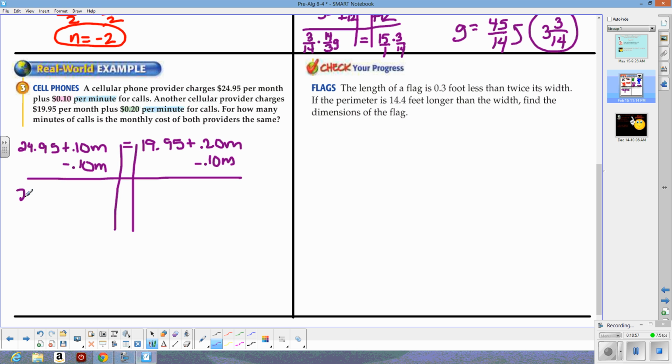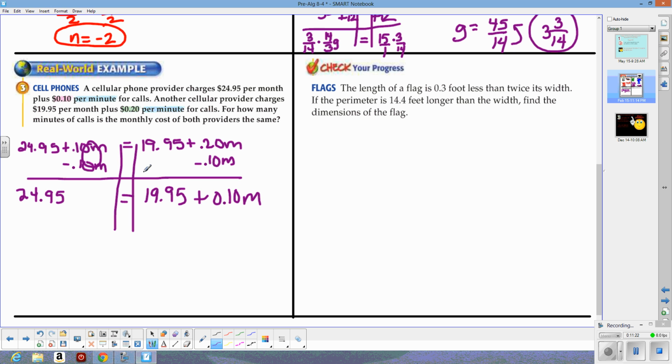So I end up with $24.95, this is going to be gone, equals $19.95 plus, when you subtract this, you end up with this.